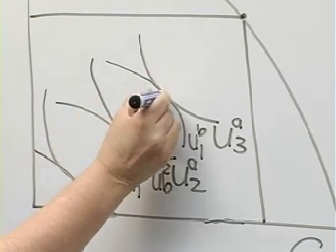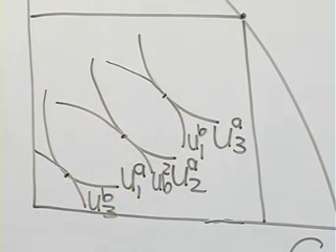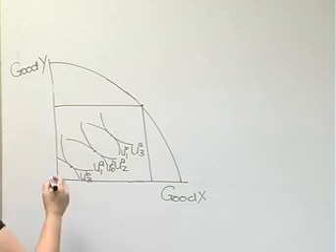Now at the different points, you remember I said they are Pareto optimal because you cannot make the one person better off without harming the other person.